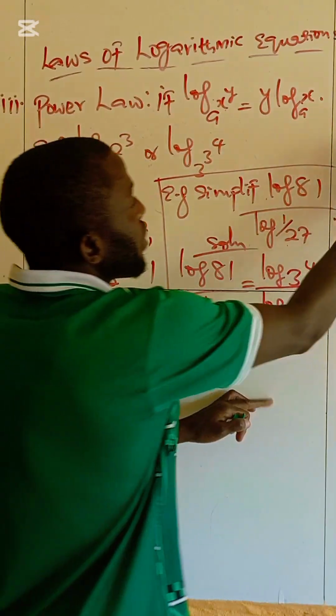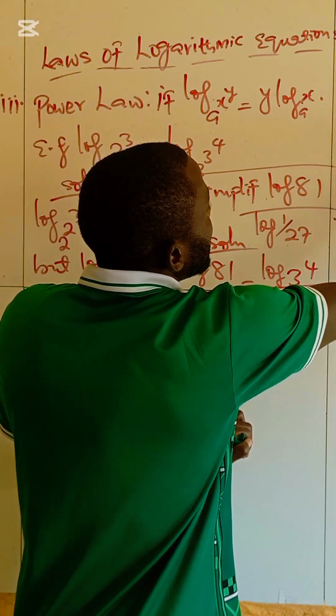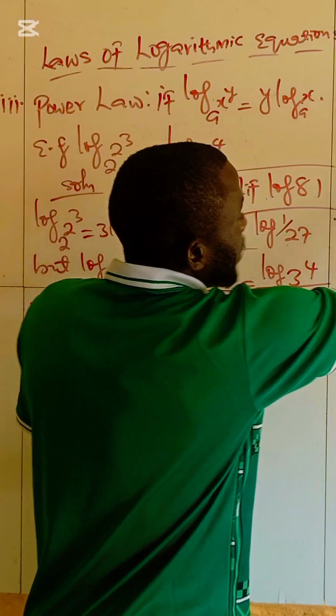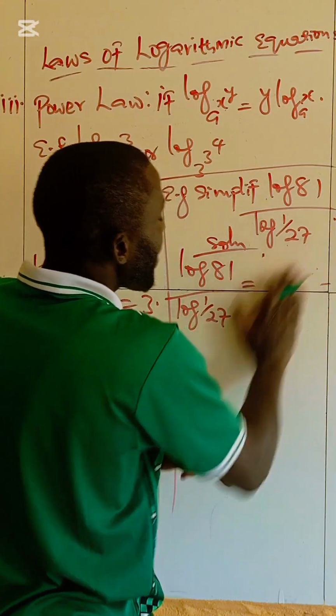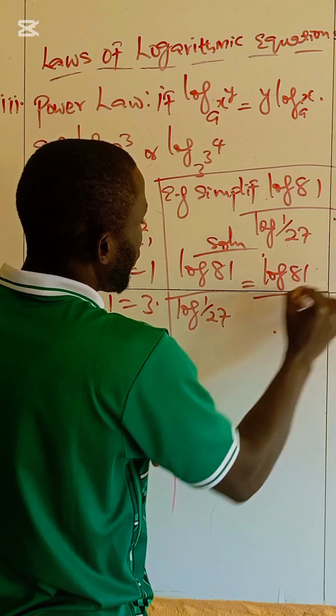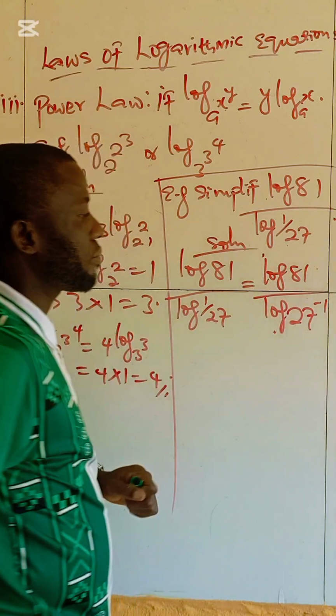But I want to change this: logarithm of 1 over 27 is the same as log of 27 raised to the power of minus 1. So I change this to log 81 over log 27 raised to the power of minus 1.